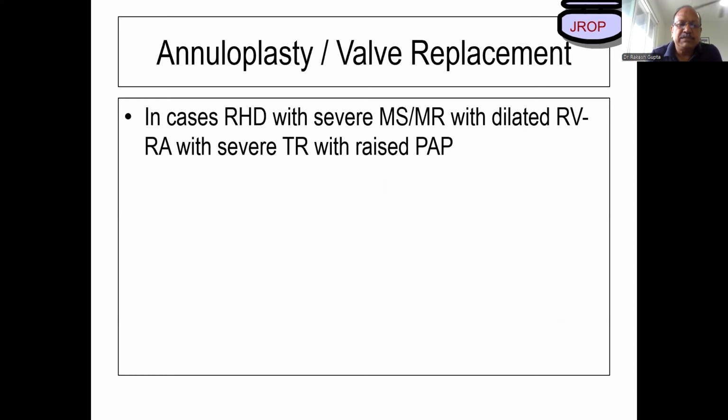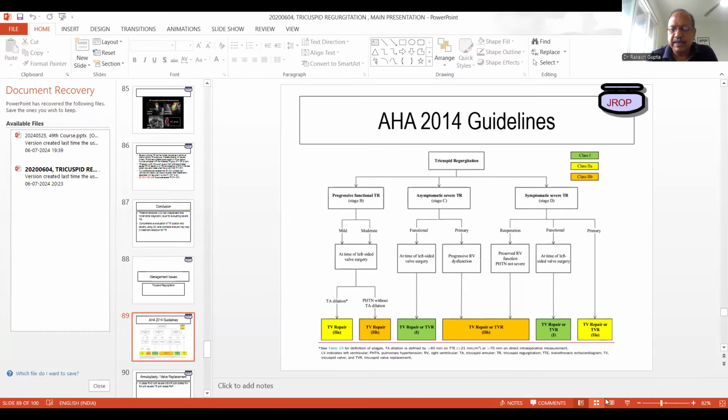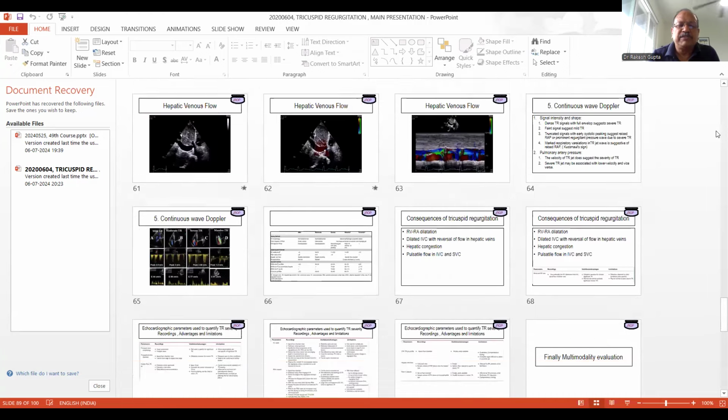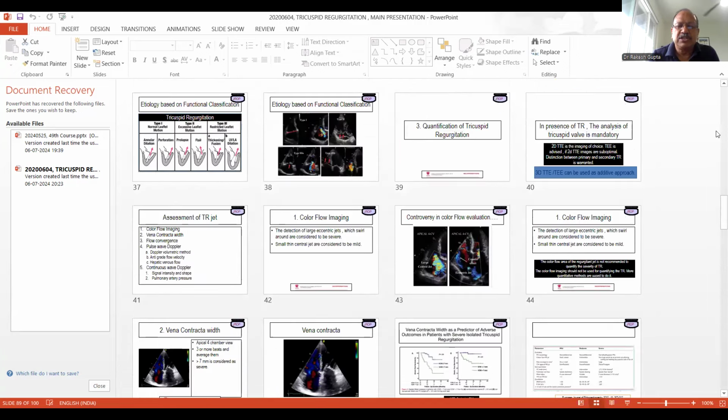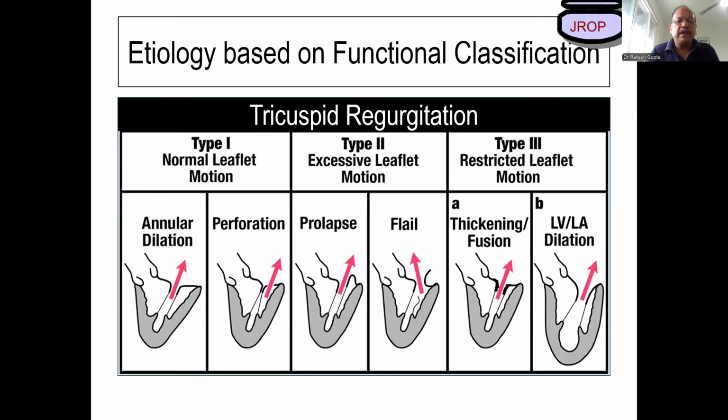Now comes management issues. This is my own thought process. Look, let's go back to my first slide, talking of the causes of tricuspid regurgitation. Now the question comes, if I've got a type 1, where the leaflet motion is normal, but we have significant tricuspid regurgitation, how do we manage?